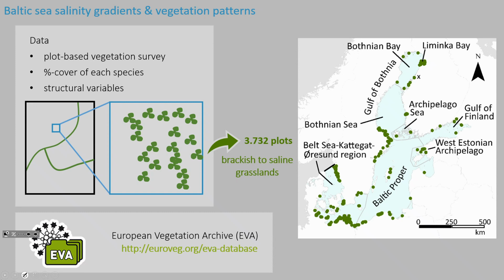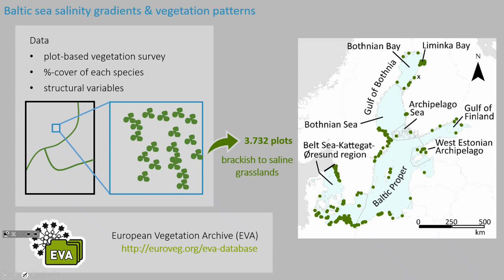And in each of those plots that we gathered for this project, we had the information on the abundance of each species in that plot, and also the information on structural variables. So I did a lot of plots on my own, but I also added many more from the EVA data repository.